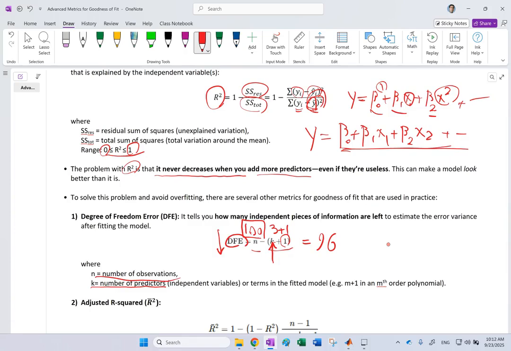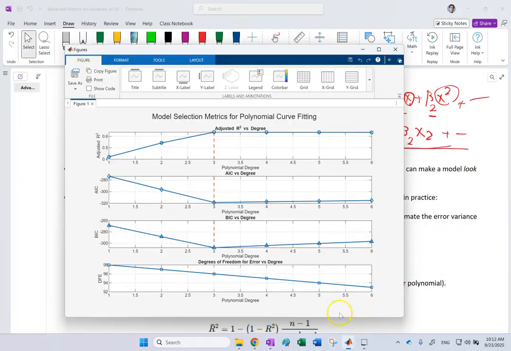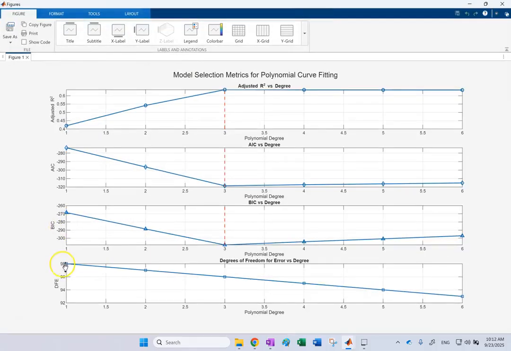But it has a disadvantage. What is the disadvantage? It keeps going down all the time. If you look at this plot that my code generates, when I start from a line, it's 98, and then it goes to 97 and 96 and 90, and then ultimately 4, going down all the way, and at 6 it is 93.